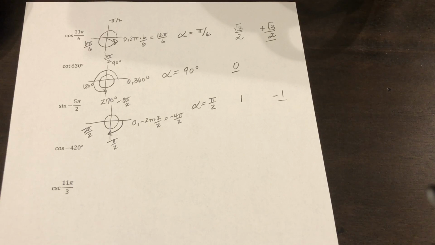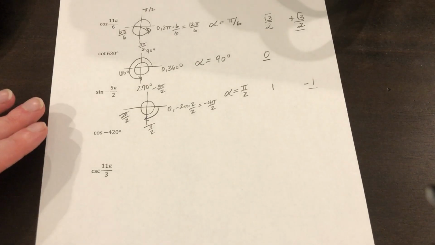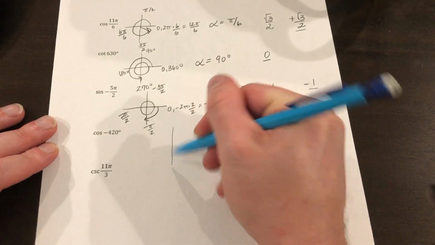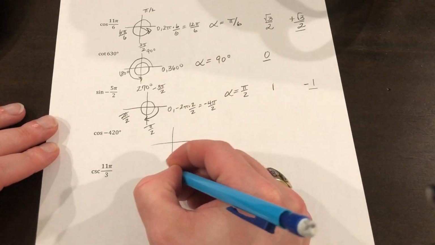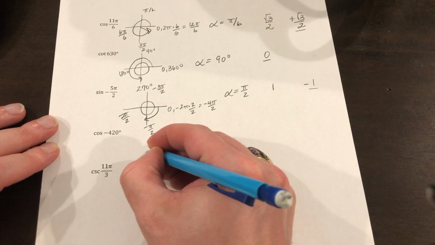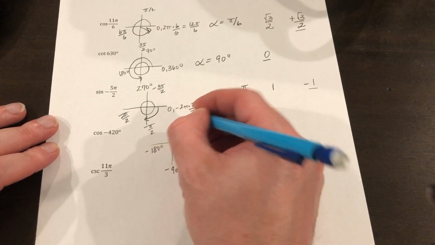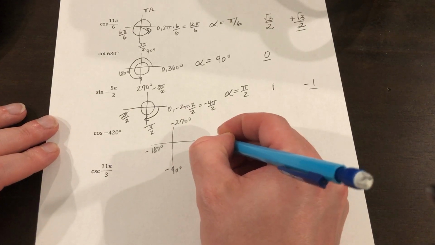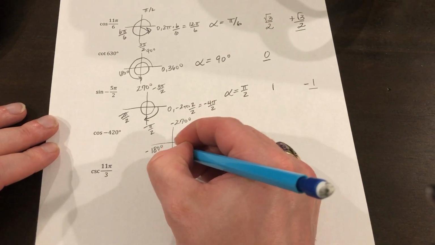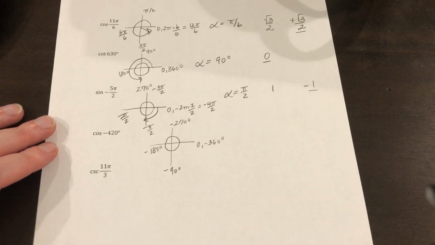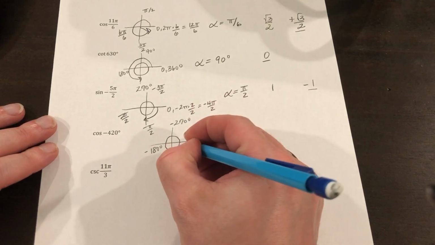So cosine of negative 420. Negative degrees, we're going to be going clockwise. Okay, so 360 degrees is going to be one full circle. And so 420 minus 360 is going to be 60 degrees.